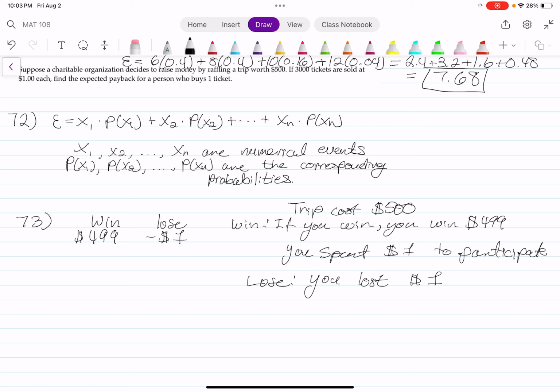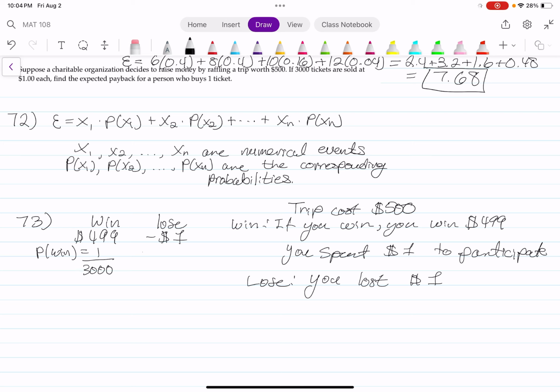It says a trip, which means it's only one trip. That means only one ticket out of 3,000 tickets gives you the winning prize. So the probability of you winning is 1 out of 3,000.